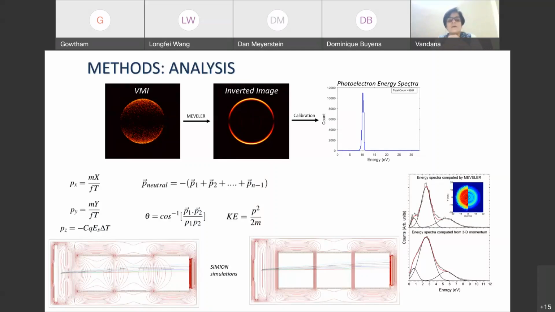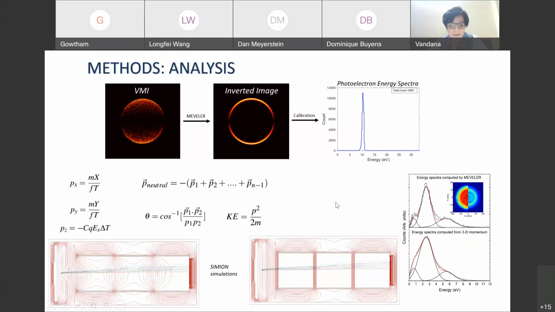For the case of the electron, this will focus the particular electron on the detector, and we know that particular energy makes up one circle. Because we know the photon energy, we know the atomic system which it has ionized, we can find out what the electron energy corresponding to that is. So that way we can calibrate our electron energy spectrum.